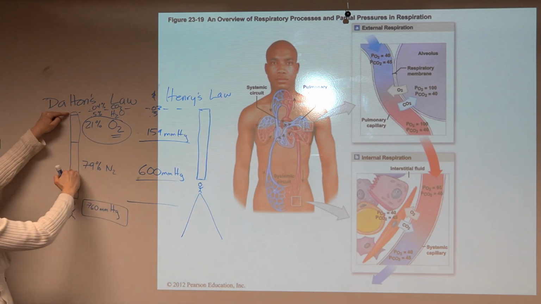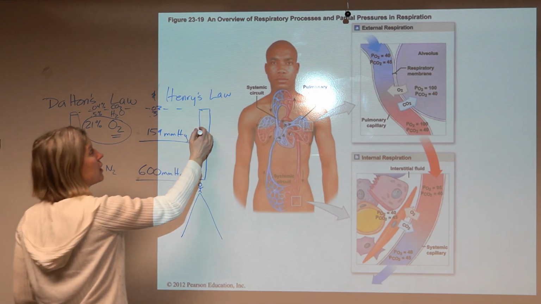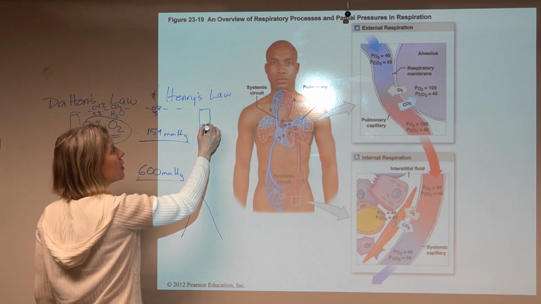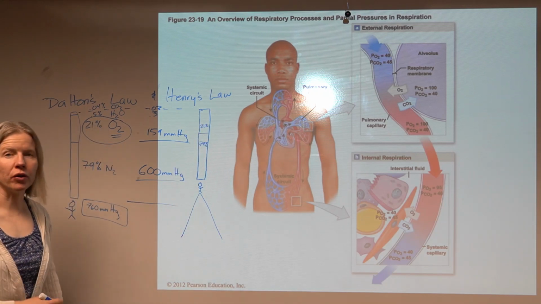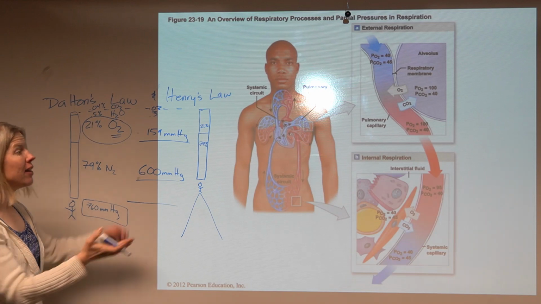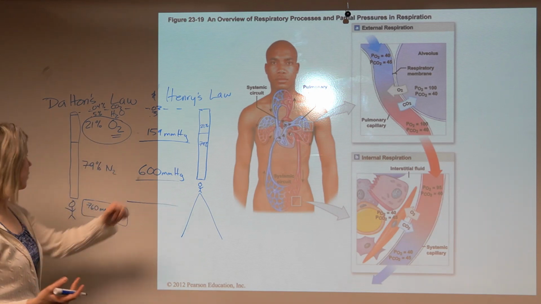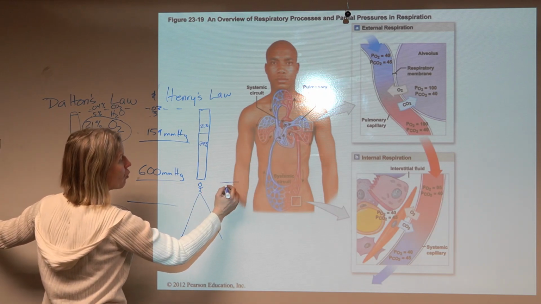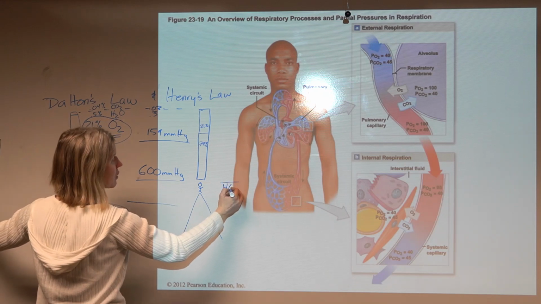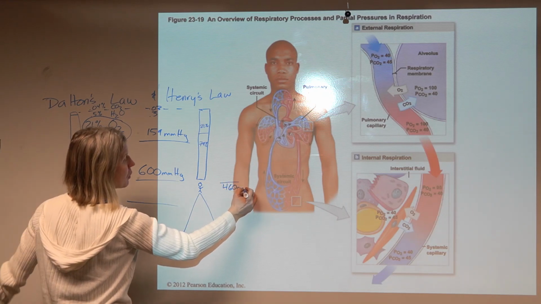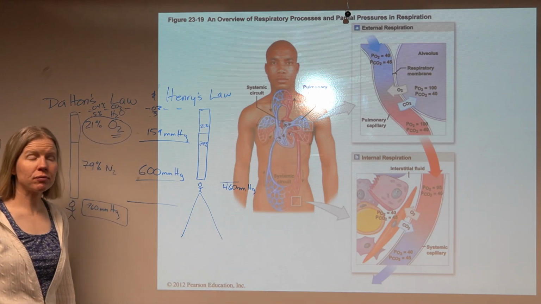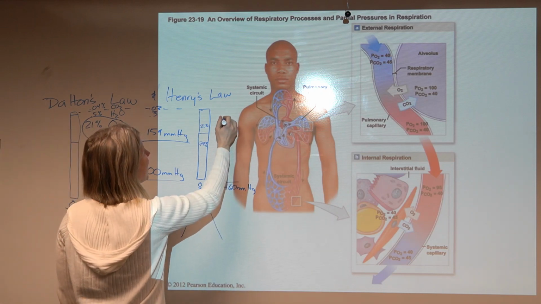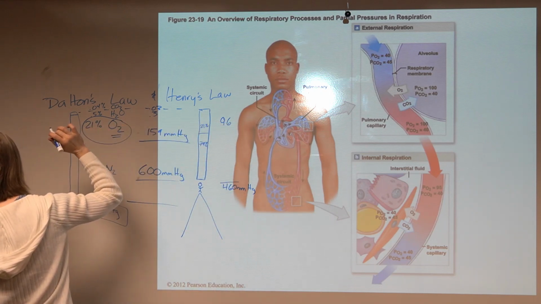The column of air sitting on top of him is smaller, but it is still 79% nitrogen and 21% oxygen. It's always 21% oxygen, but the overall pressure has changed. So he's on top of our mountain, let's call it a 14er here in Colorado, the overall pressure at 14,000 feet is 460 millimeters of mercury. 21% of that, I've done the math, but you can check me, is 96.6 millimeters of mercury.